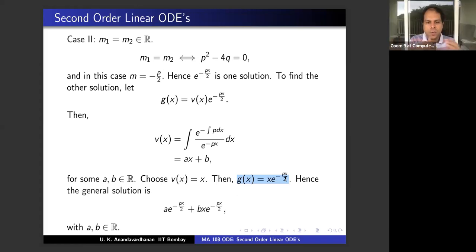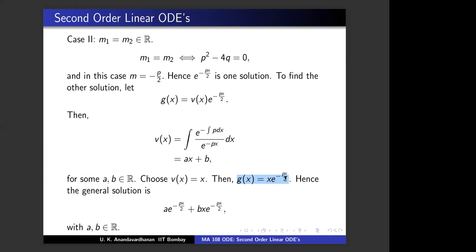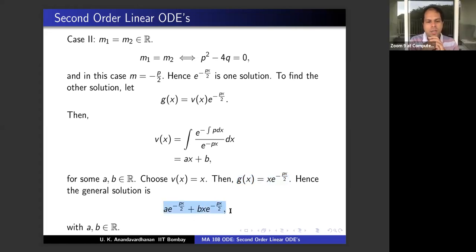So it's a basis, no? Therefore, any basis means any other thing is a span of these two, right? So any other solution will have to be of this form: a constant times the first one plus a constant times the second one. You can also write this as (a plus bx) times e power minus px by 2, no problem.